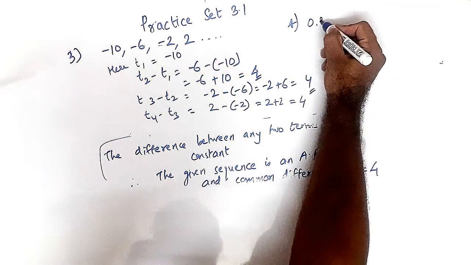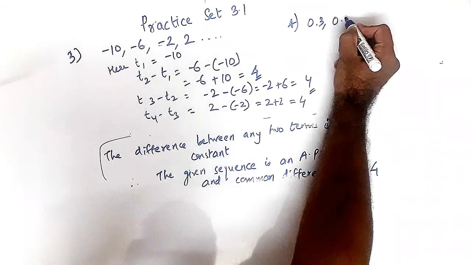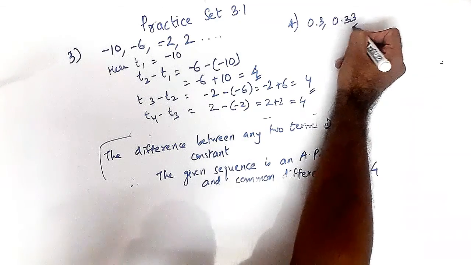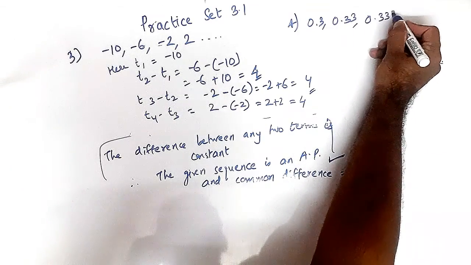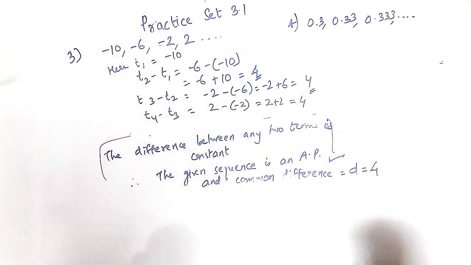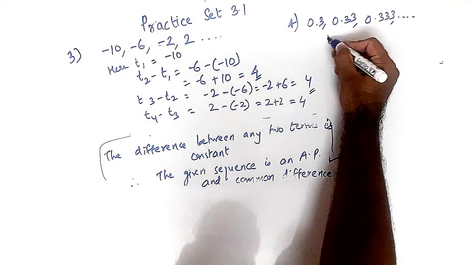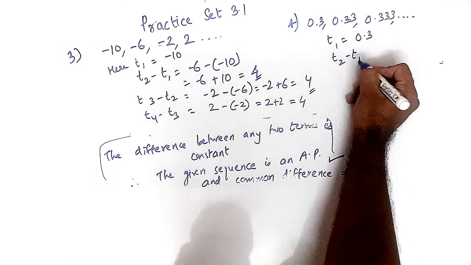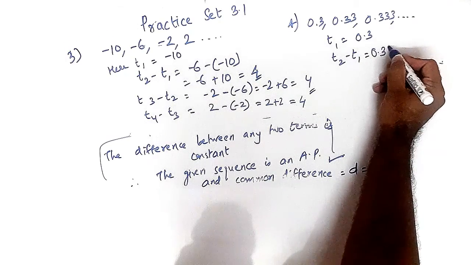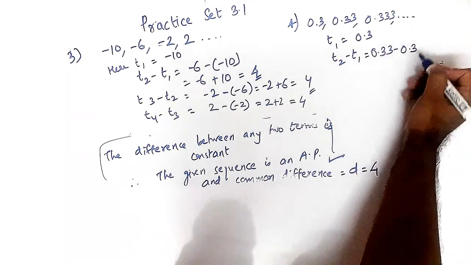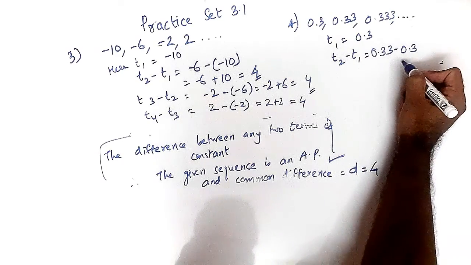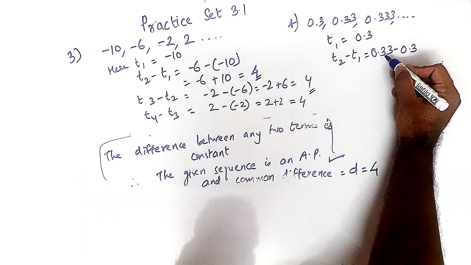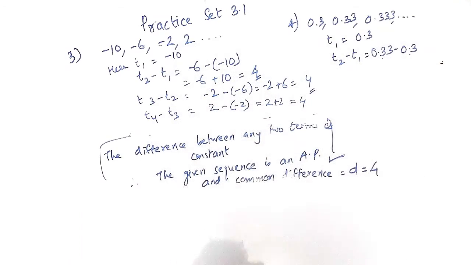Fourth one, you have 0.3, 0.33, 0.333 and so on. So here you can see T1 is 0.3, T2 minus T1 is 0.33 minus 0.3. If you subtract this, it is 0.33 minus 0.30. So what will you get?